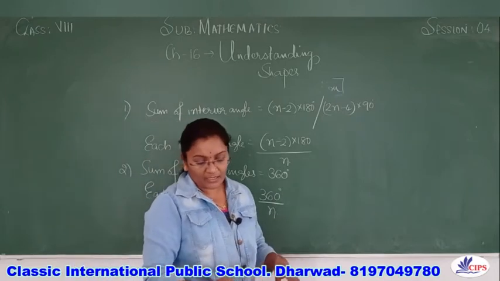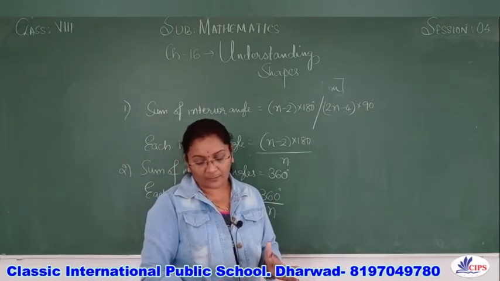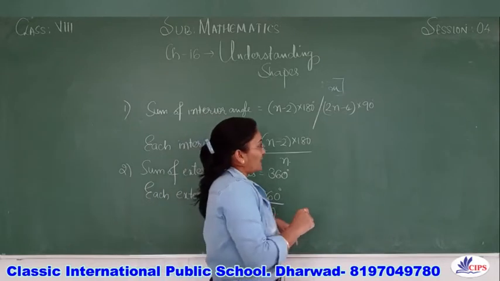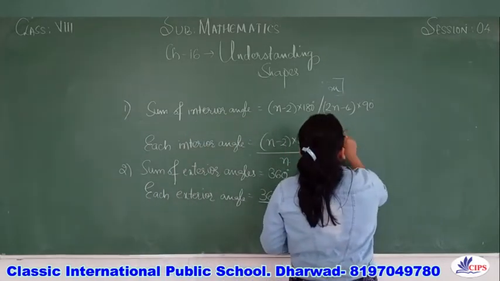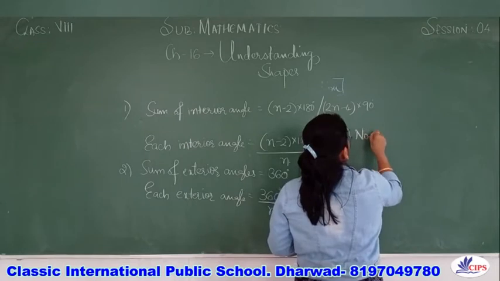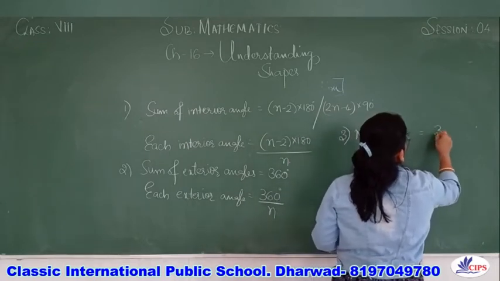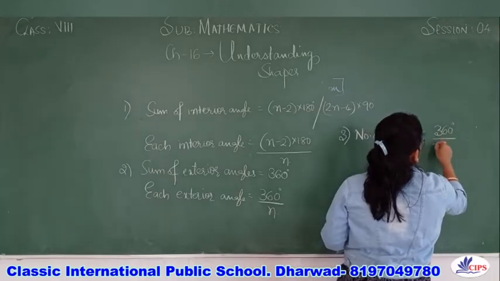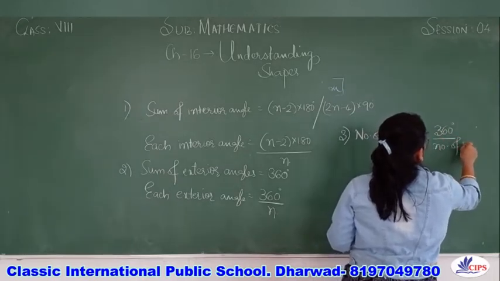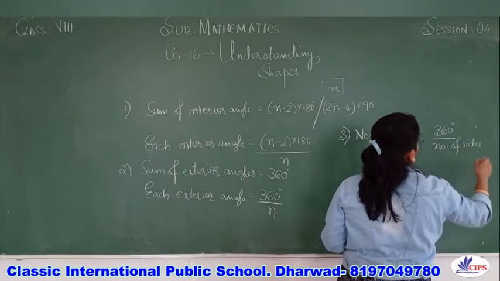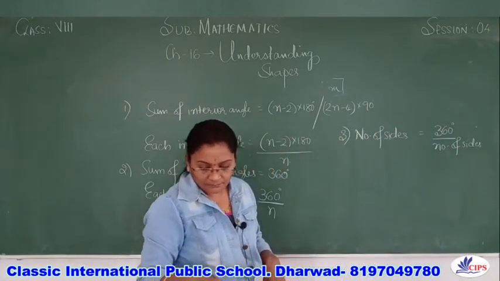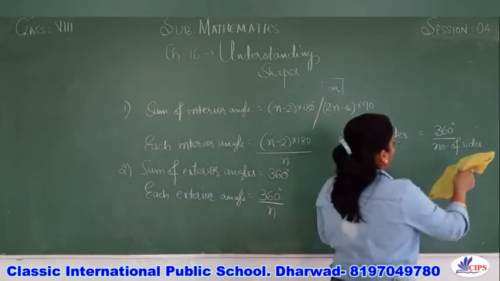Here they have asked you to find the number of sides of the regular polygon, if the exterior angle is given. If you want to find the number of sides, the number of sides is equal to 360 degrees divided by the exterior angle, sorry, 360 by the exterior angle.